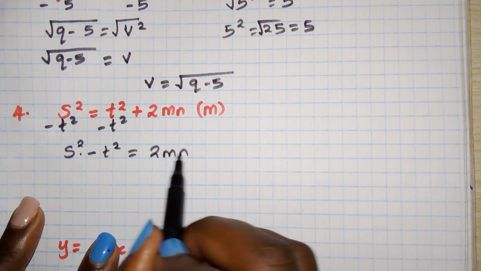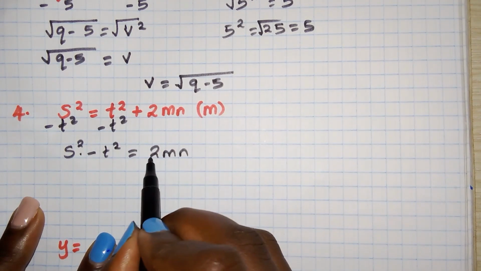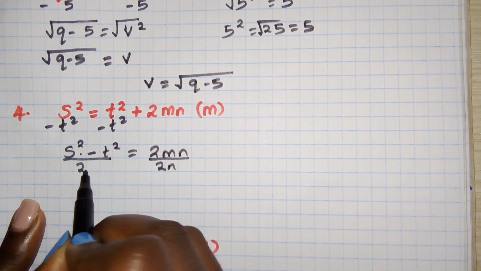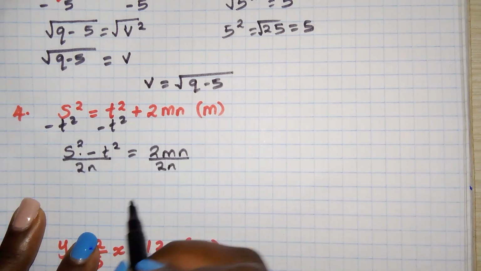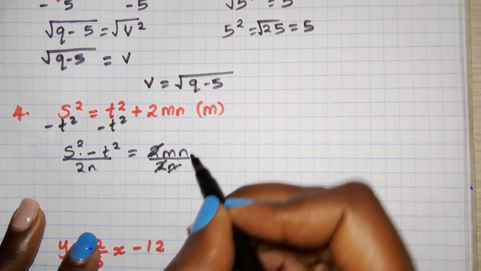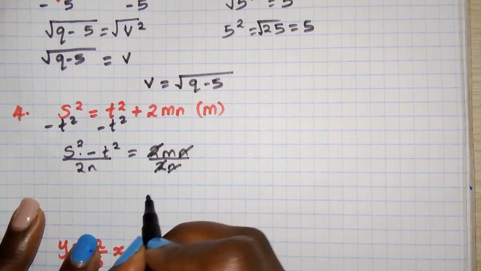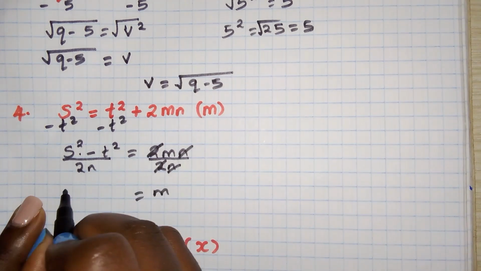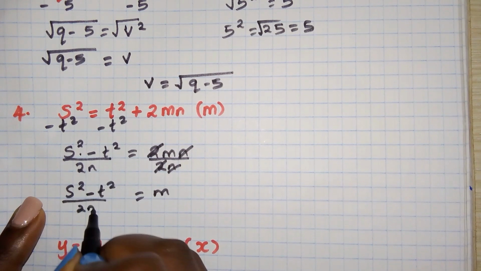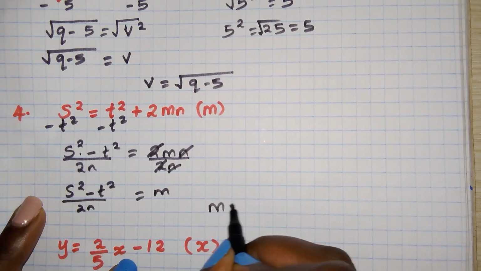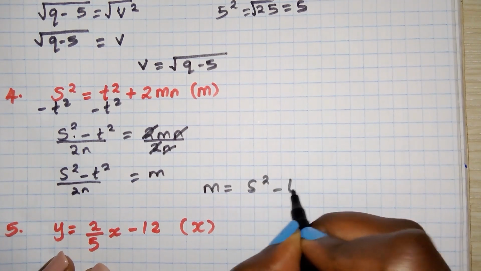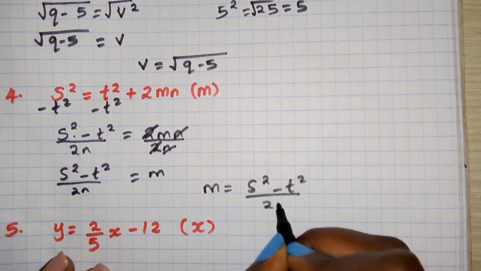To get rid of 2 and n, you divide both sides by 2n. Now 2 divided by 2 is 1, n divided by n is 1. We're left with m. Therefore, when you rewrite it again, m equals s squared minus t squared over 2n.